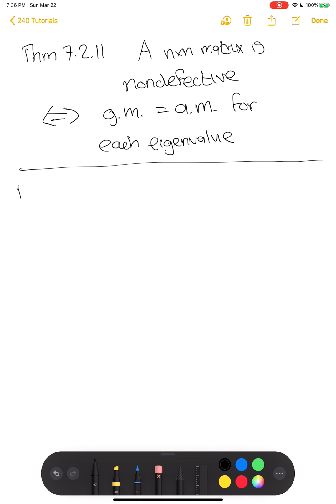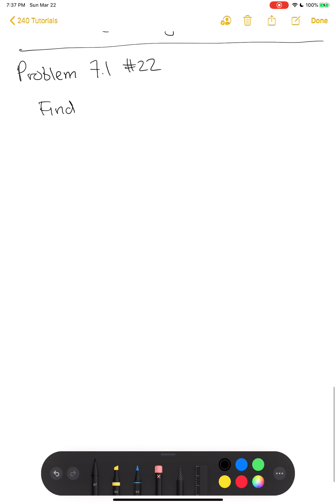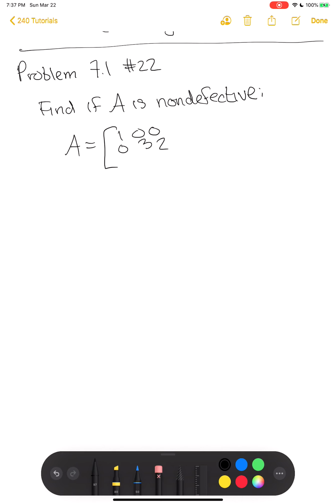So this is problem 22 in section 7.1. It just says, find if A is non-defective, and they say A is equal to 1, 0, 0, 0, 3, 2, 2, negative 2, negative 1.